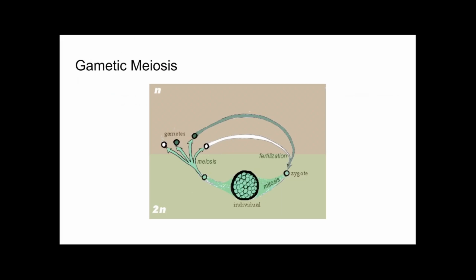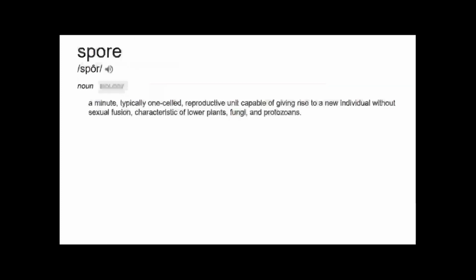Well, not all organisms work like that, and when we talk about autotrophic protists, we also have to talk about the diversity of different life cycles. What is a spore? You've probably heard the word spore before, and it's used a lot to describe reproductive cells. But when we talk about spores, let's make a distinction.